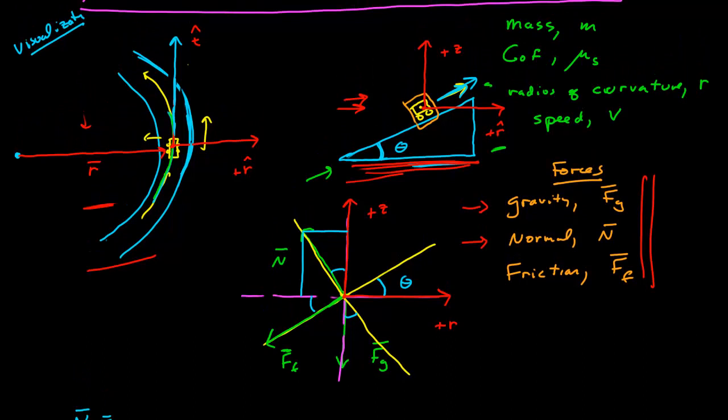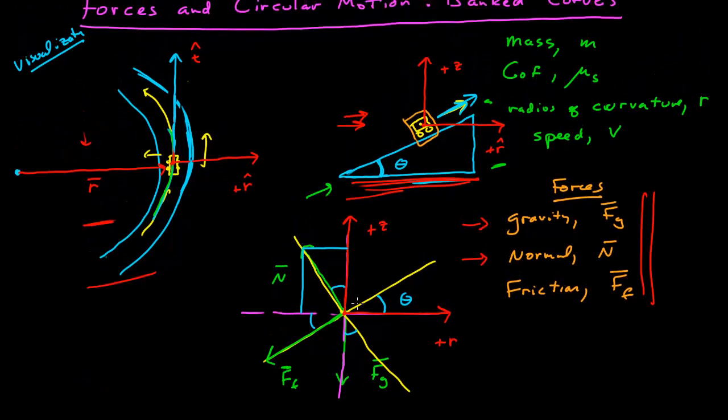Why is that? That's because there's no net force parallel to the surface. The forces are in this RZ plane, and we want to know where this object, the car, does not move relative to the surface.